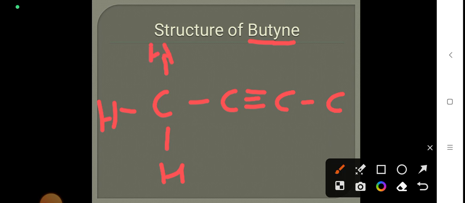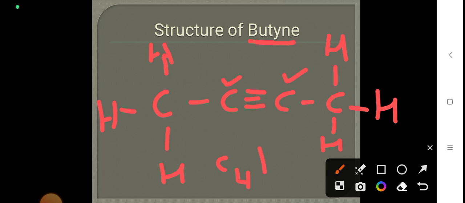C2, you can observe, is already satisfied with four bonds around itself. C3 is again satisfied. C2 and C3 are already having four bonds around themselves. C4 again has one bond, so the remaining would be bonded with hydrogen. So this is the structure of butyne, and the molecular formula would be C4H6.